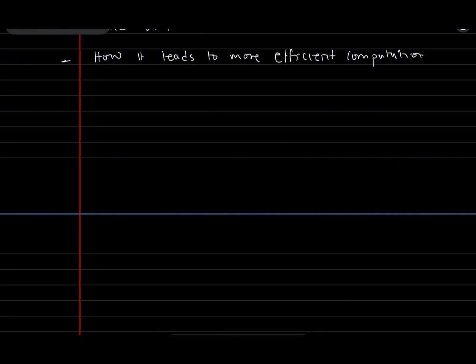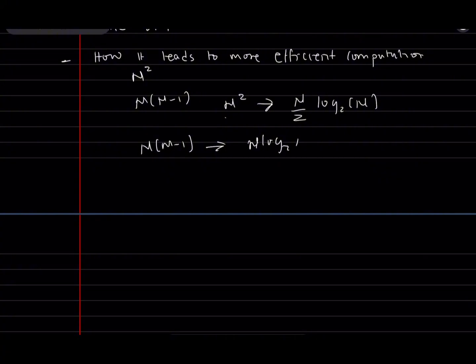Unlike the direct computation of the discrete Fourier transform, which has more computational complexity, where the number of complex multiplications is n squared and the number of complex additions is n(n minus 1), the FFT reduces the number of complex multiplications to (n/2) log2 n, and the number of complex additions to n log2 n, right?